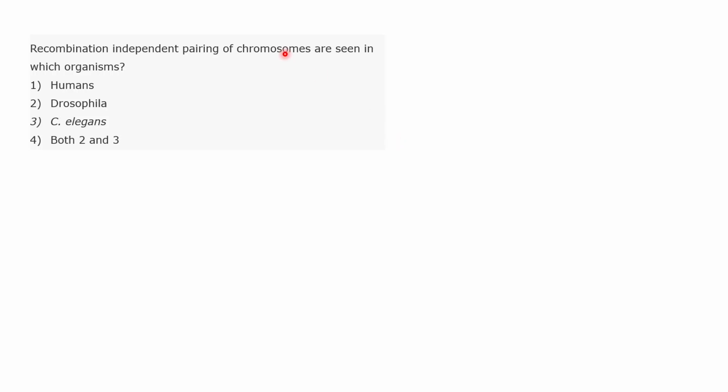Recombination independent pairing of chromosomes is seen in which organism? Humans, Drosophila, C. elegans, or both 2 and 3? Which might be the answer? When we are learning the basics, we have gone with homologous recombination dependent pairing of chromosomes, right? In this case, it is independent of recombination. So in which organism does it take place?